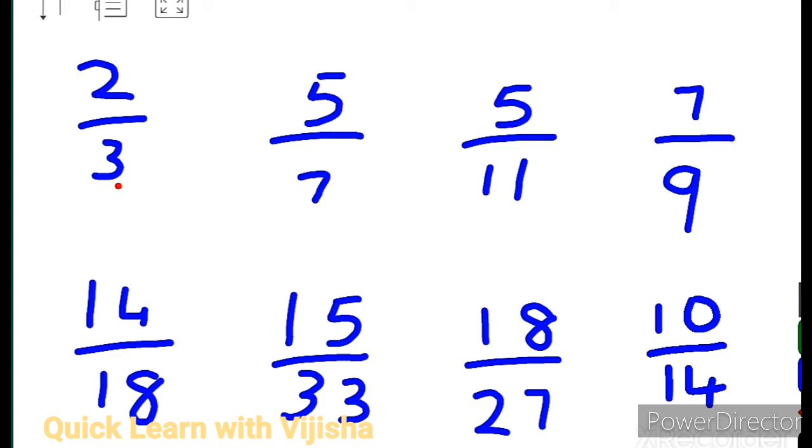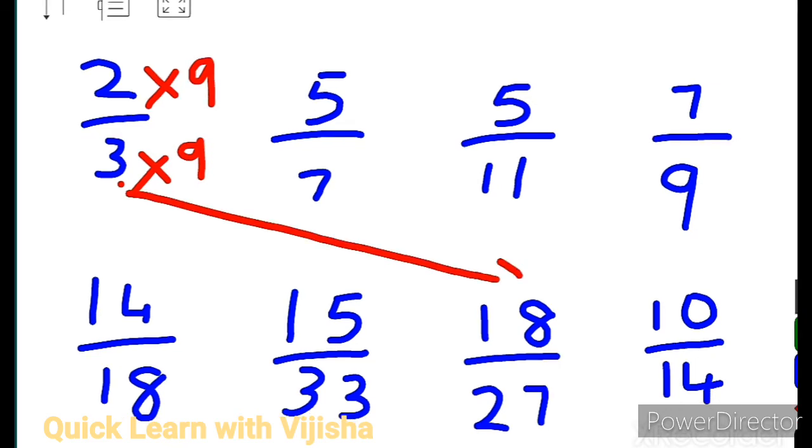In 3's table 18 goes at 6. 3 6s are 18. But 2 6s doesn't become 14. So this is not the pair. We will check for 18 upon 27. 3 9s will become 27 and 2 9s will become 18. So for 2 upon 3, your pair is 18 upon 27.